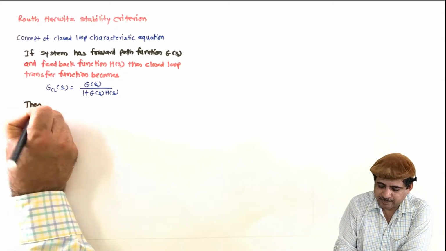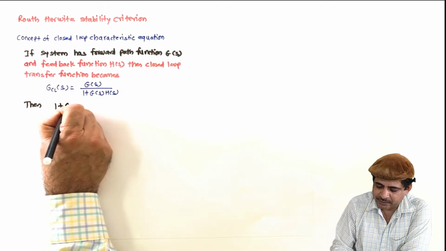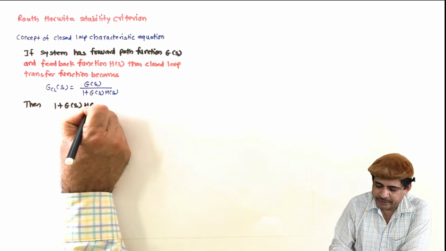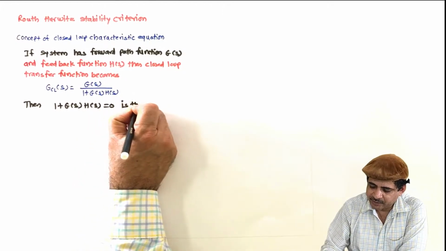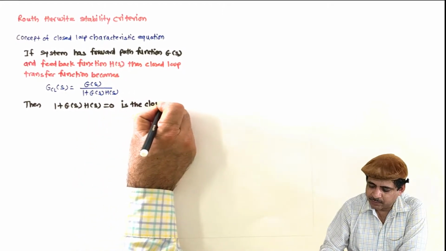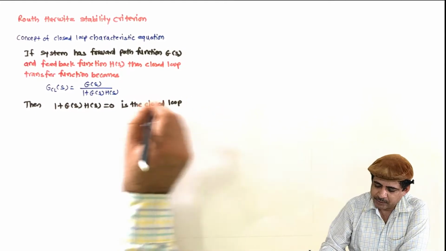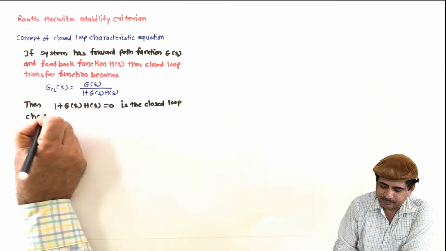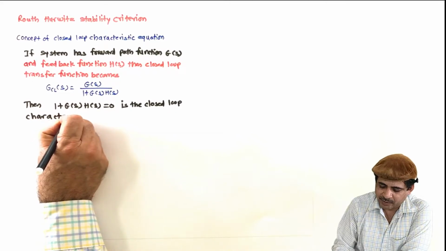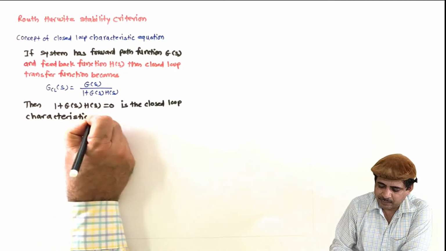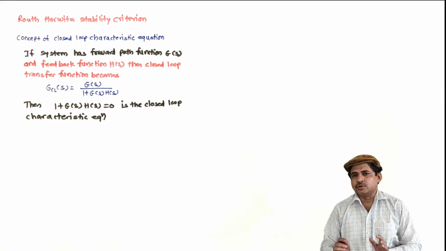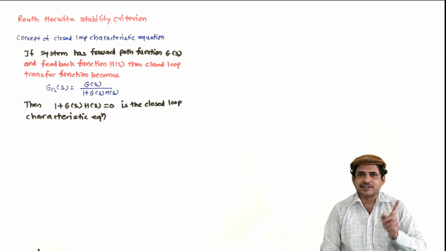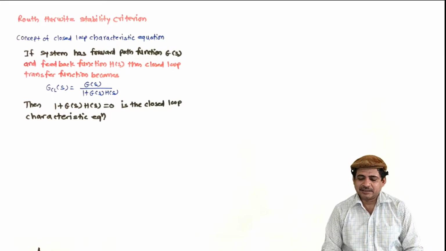Then 1 plus G(s) into H(s) equal to 0 is the closed loop characteristic equation. And its roots are the closed loop poles, and they decide the closed loop stability.